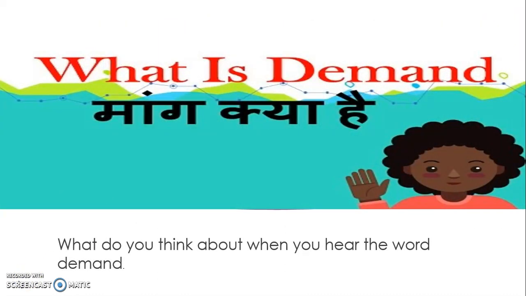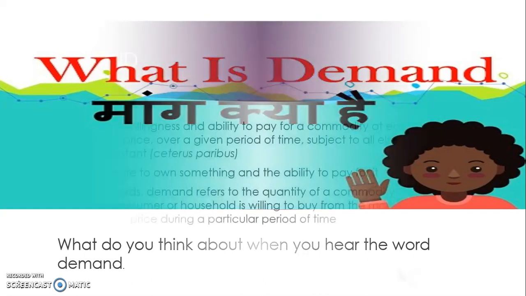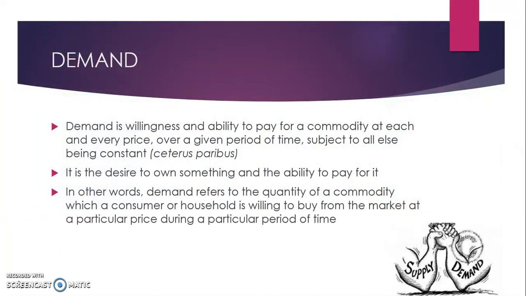So, what is demand? What do you think about when you hear the word demand? What is your demand for mangoes, for example? Demand is the willingness and ability to pay for a commodity at each and every price over a given period of time, subject to all else being constant.